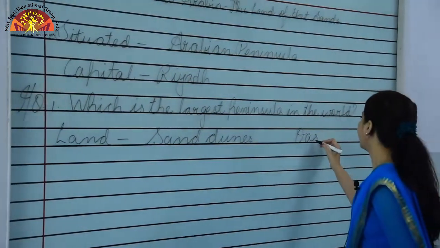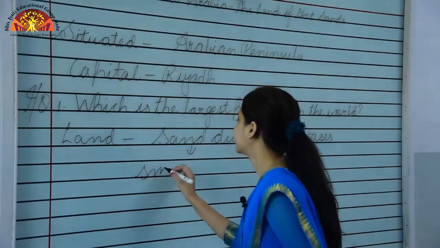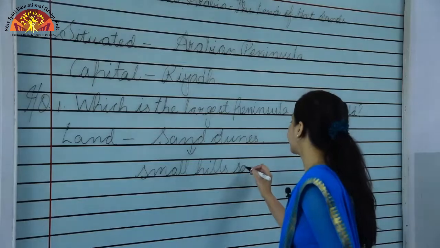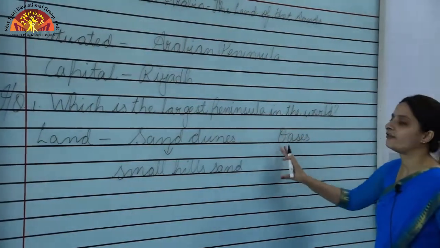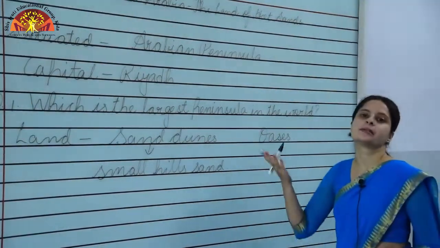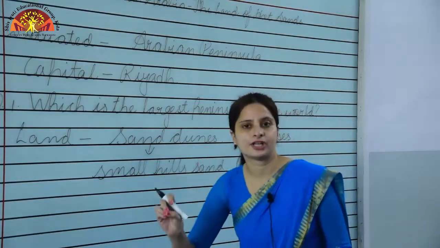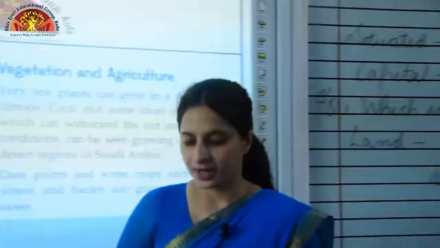Okay. Now sand dunes are small hills of sand. Small hills of sand are called sand dunes, and oasis is an area where you can find little vegetation as the underground water comes up to the surface. So you will find over here little bit of vegetation. Otherwise in desert you will not find any vegetation.